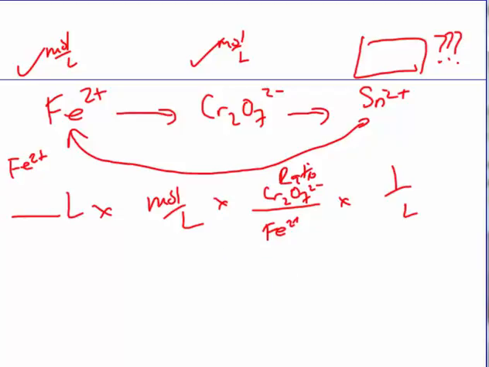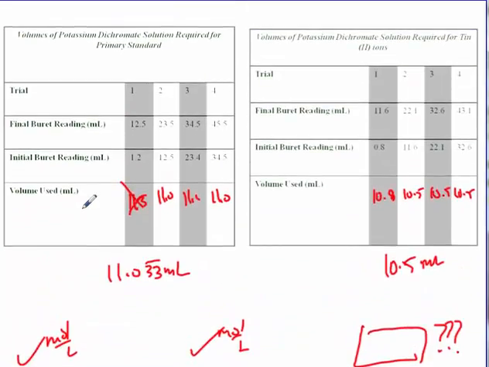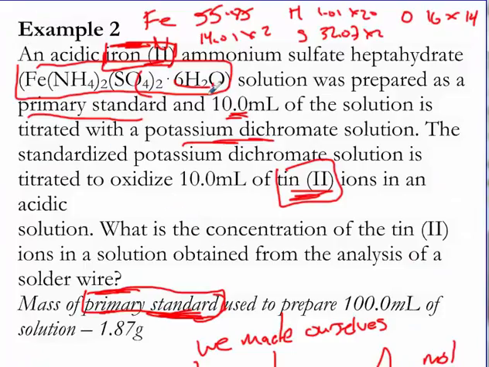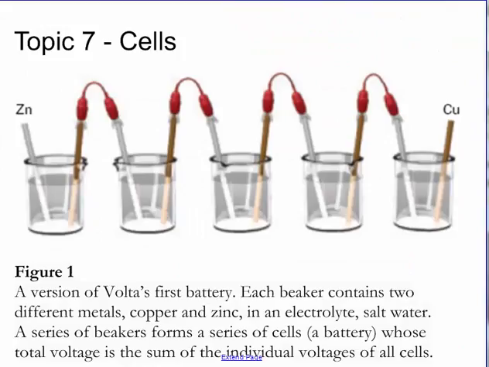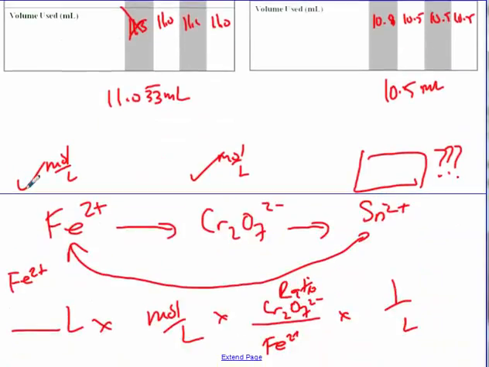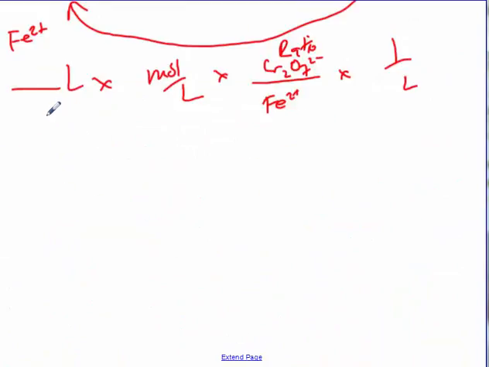So first I got to figure out how many liters of iron was used. And as I read this chart right here and this chart right here, those are about the dichromate, so that's not it. The dichromate is what's in the burette. So it actually says that I used 10 milliliters. So I'm going to start there. We used 10 milliliters. The concentration, I'm just going to put down capital letter A because I've already stored that in my calculator.